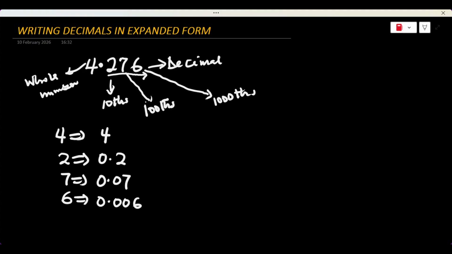So this is how we write the place value of each digit of this particular decimal fraction. We have the 4 ones, which is written in number form as 4. 2 is written as 0.2, 7 is written as 0.07, and 6 is written as 0.006. So now, let's write this in expanded form.